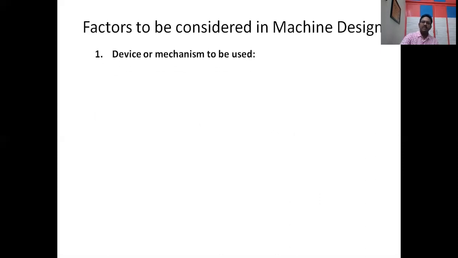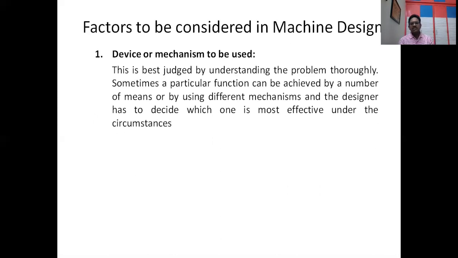First one, device or mechanism to be used. This is best judged by understanding the problem thoroughly. For example, you have a smartphone like this. To manufacture this, we have so many mechanisms.